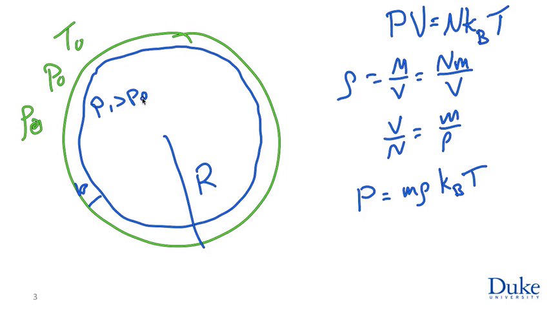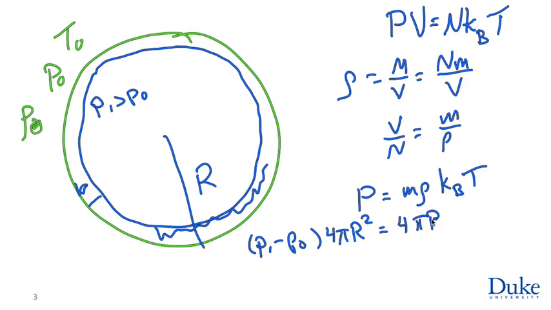So I can write an equation that says (P1 - P0) times the area of the interface between these layers, which is 4 pi r squared, is equal to the mass of the gas in this region, which if I assume that its density is rho 0, is 4 pi r squared times little r times rho, that's the mass in there, and then I multiply that by G times the mass inside the radius r, so that's in this case the entire star, divided by r squared.